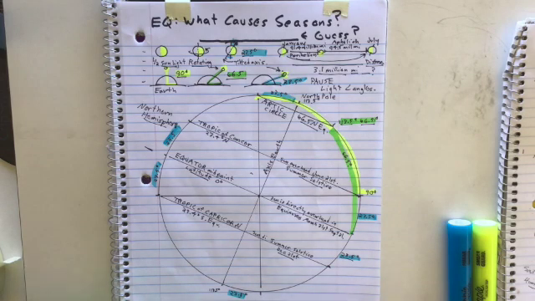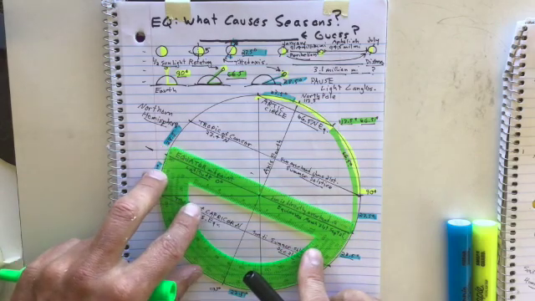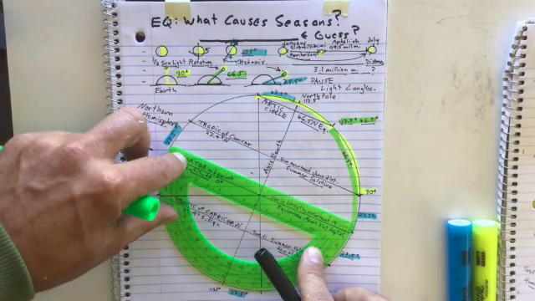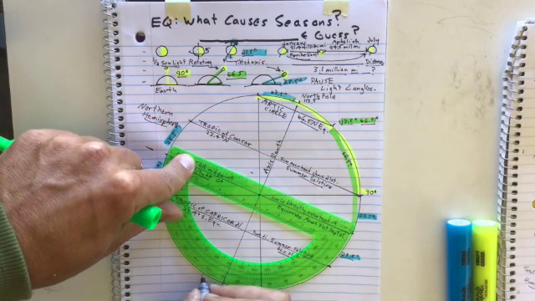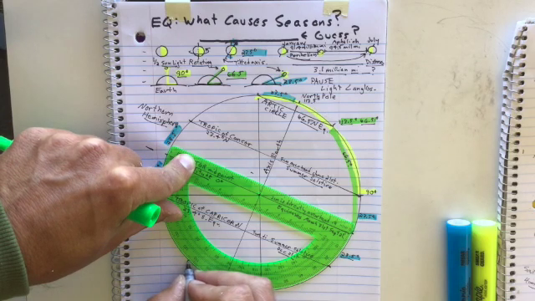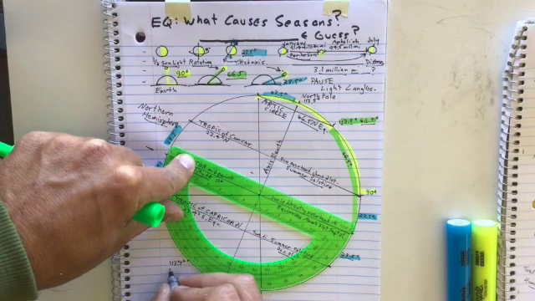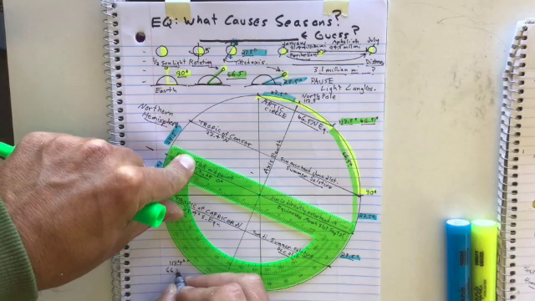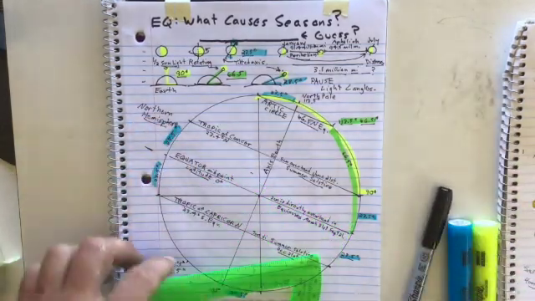Okay, and finally, if we go down below, we line up our protractor again on the equator. We've got 180. Let's find 113 again. So if we go to 100, we go to 110, count 1, 2, 3. We have 113, actually 113.5 degrees. And that is 66.5 degrees.